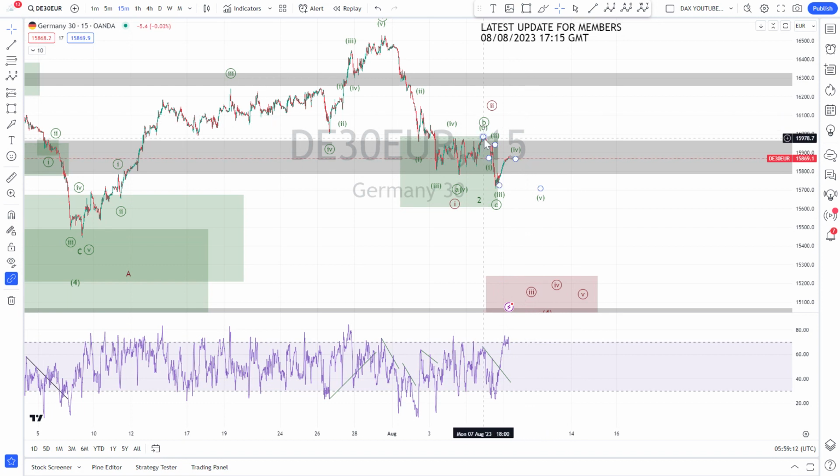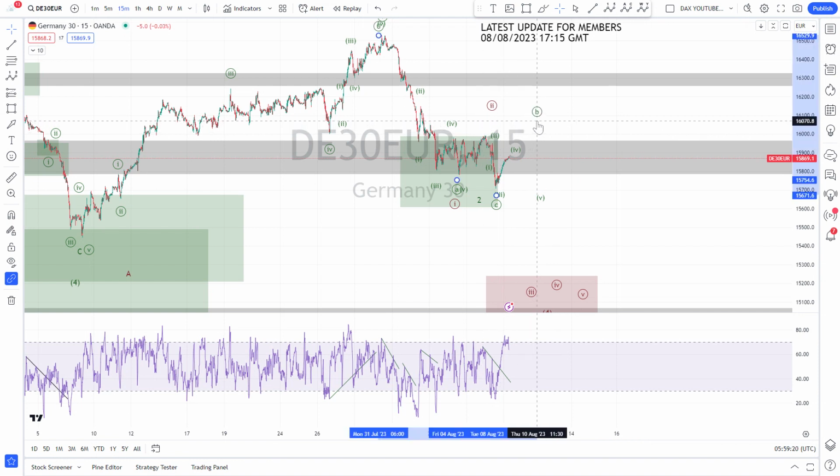if they make it really hard for us, this can even have something like this, so that this was the A, and that we now have a correction as a flat.